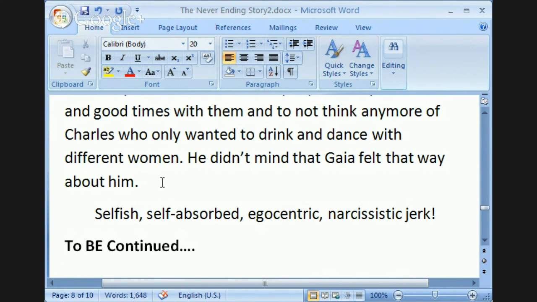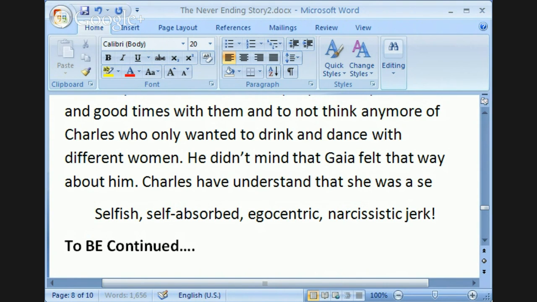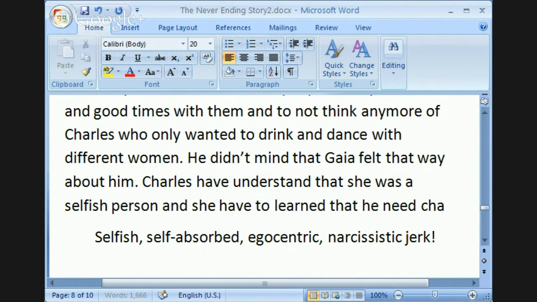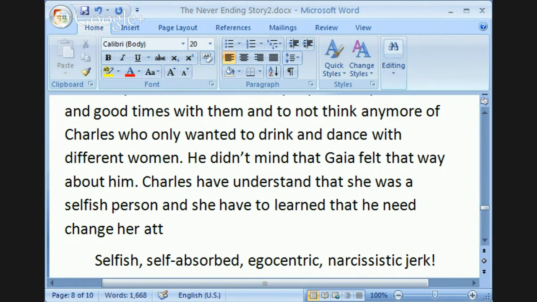Charles has understand that she was a selfish person, and she have to learn that he needs change your attitude, forget to be a happy person with Gaia.